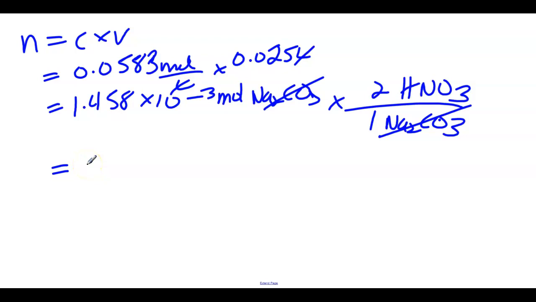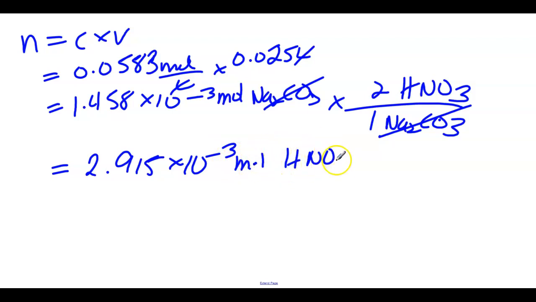So this is then, did I make an error here? No. So this is 2.915 times 10 to the negative 3 moles, and that is now for HNO3.